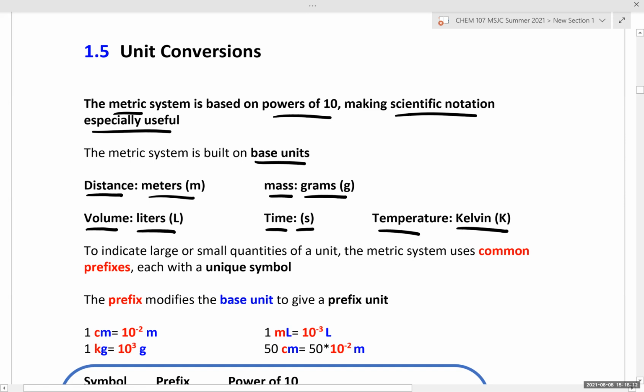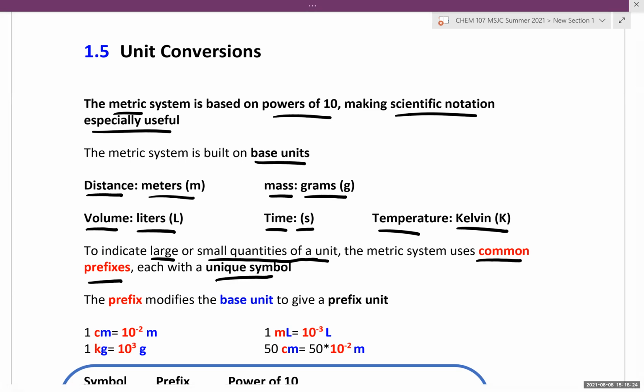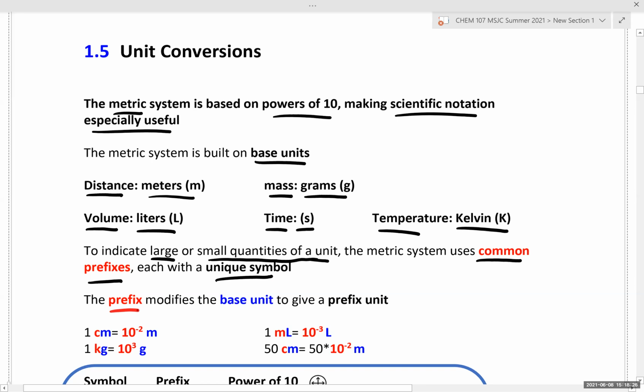Now, when we want to indicate large or small quantities of a unit, the metric system uses common prefixes, each with a unique symbol. This prefix modifies the base unit to give what's known as a prefix unit.